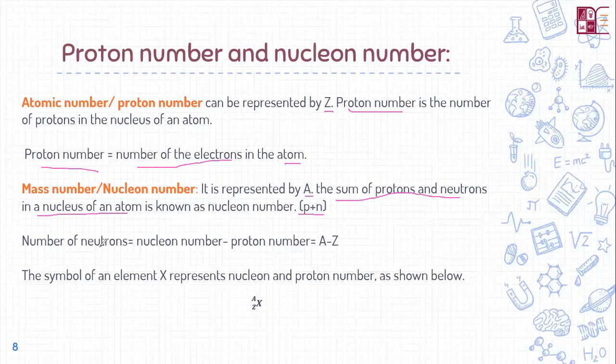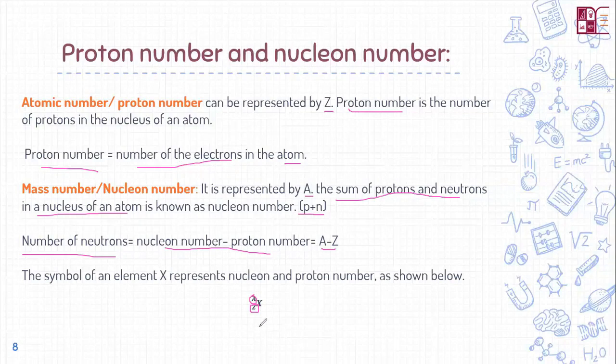If someone asks what is the number of neutrons of an atom, how are you going to calculate? You are simply going to subtract the proton number from the nucleon number, A minus Z. And for the symbol over here, for example, an element X is written over here. This is going to be the nucleon number, A, and the below one is going to be the proton number, or the number of protons, which is equal to the number of electrons in the atom as well.